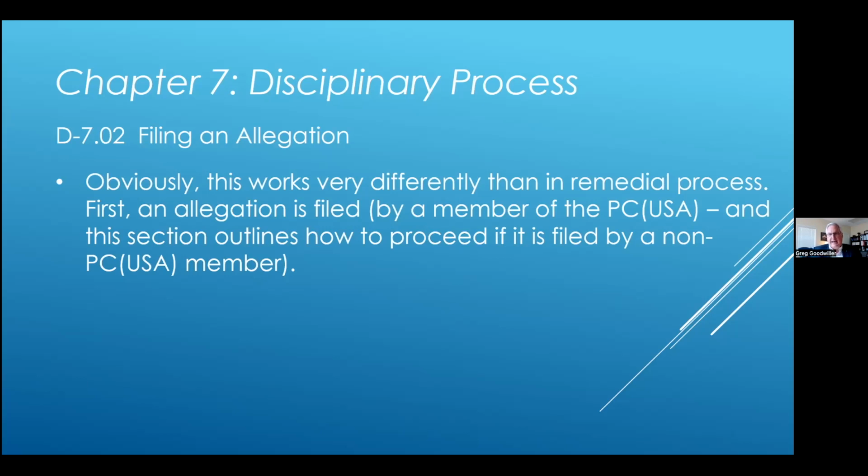So the language we added to say they may still do that is at the end of that paragraph that says, in the case of the clerk or stated clerk being the one who files the written statement of allegation, they shall not be considered to be disqualified from continuing to serve in their role as clerk of session or stated clerk.